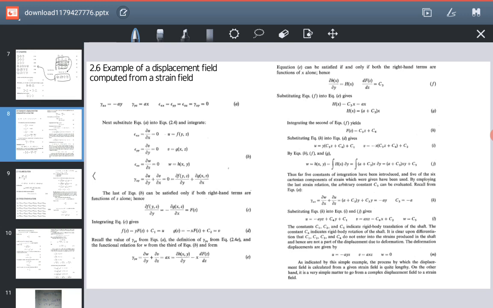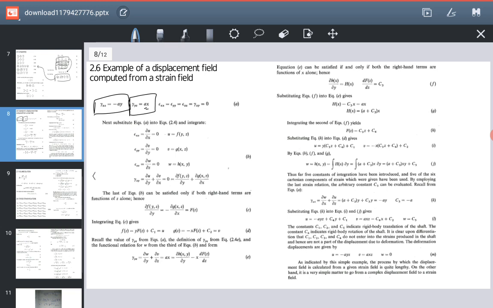Example of a displacement field computed from a strain field. So in this example we have a shaft, and the shaft is undergoing a strain gamma zx, which equals minus ay, and the second strain is gamma yz, which is equal to ax.